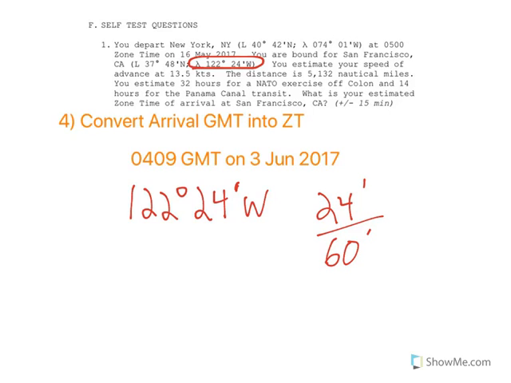So we'll take 24 minutes divided by 60, and we get 0.4 degrees. So we'll replace the 24 minutes with 0.4 degrees, so our longitude is 122.4 degrees west.